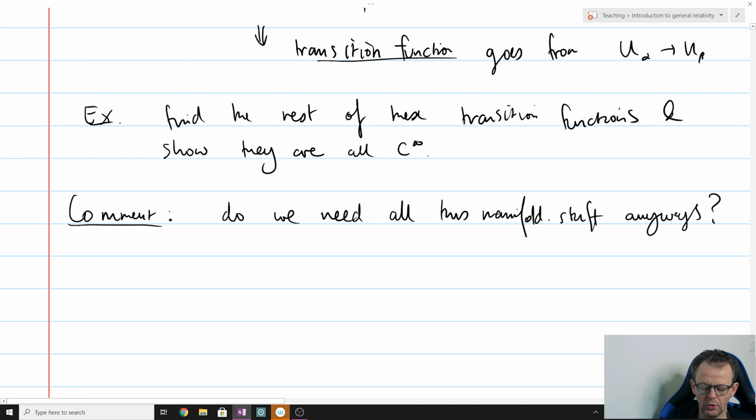The answer is sort of no. If you want to do basic general relativity, you probably don't really need all this manifold stuff. It will be sufficient to cover many of the basic examples of the basic solutions of Einstein's field equations just with R4 as a manifold.